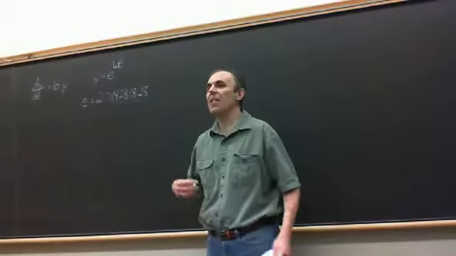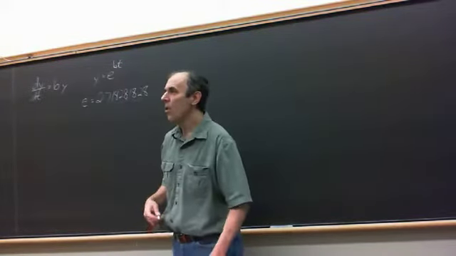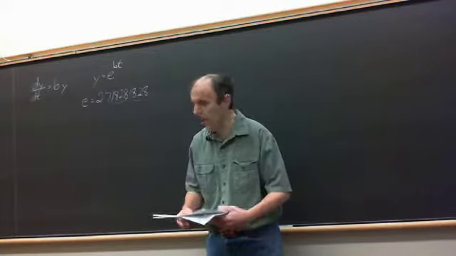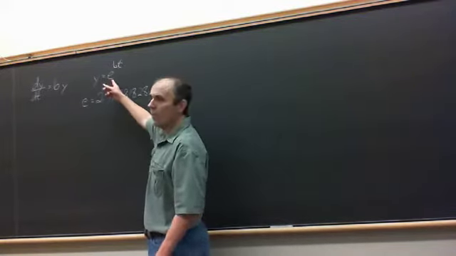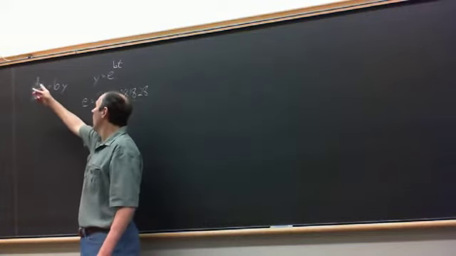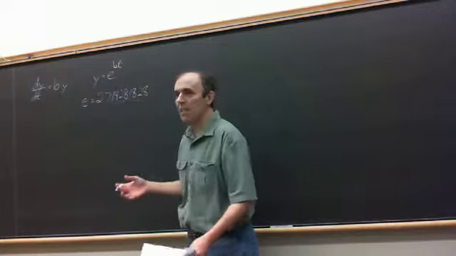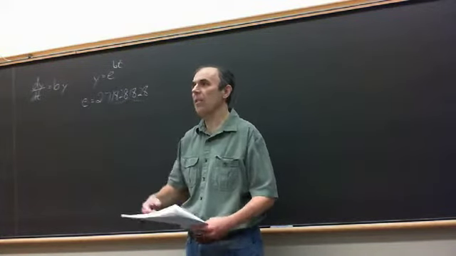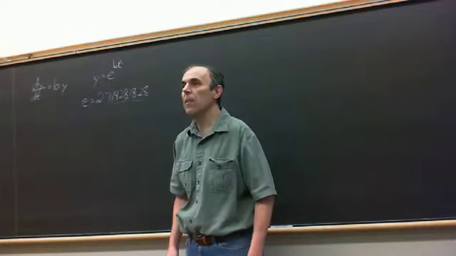E is kind of the second most famous number in mathematics after pi. It's really the only number that, if you take its derivative, will give you the function itself. In other words, if you just said e to the t and you took the derivative, it's e to the t.